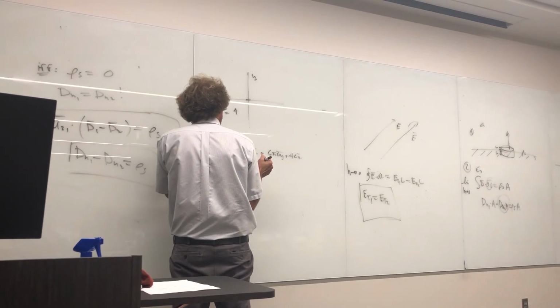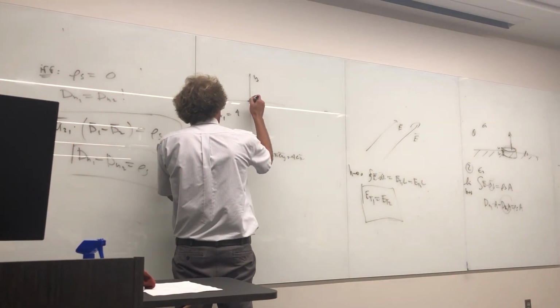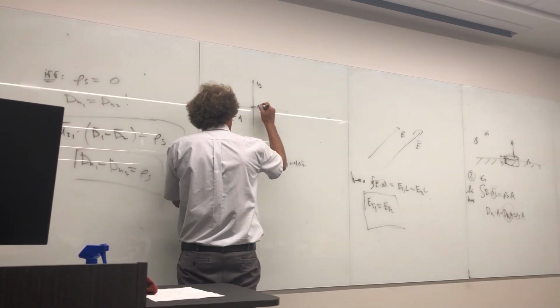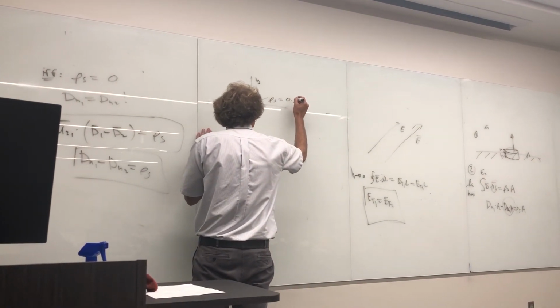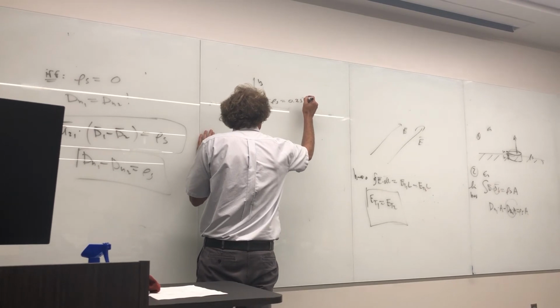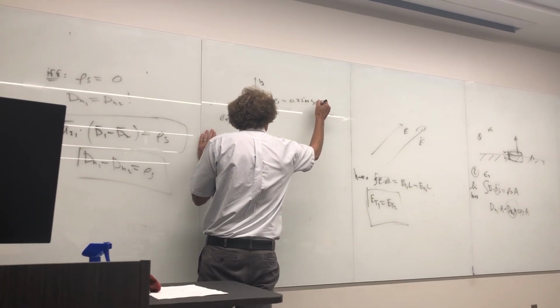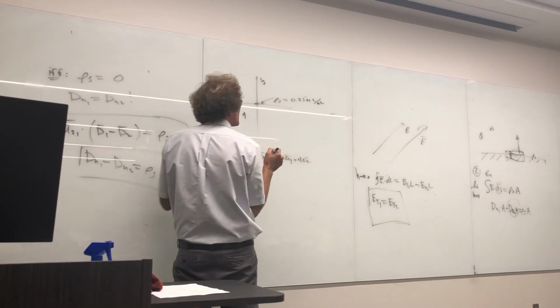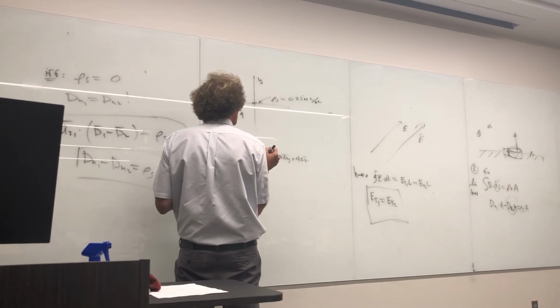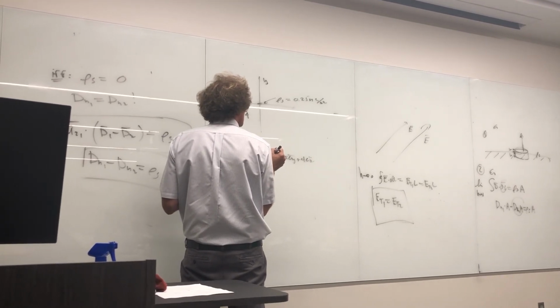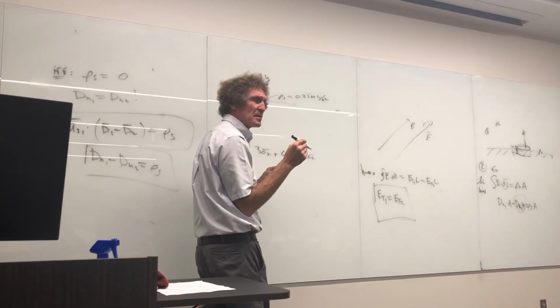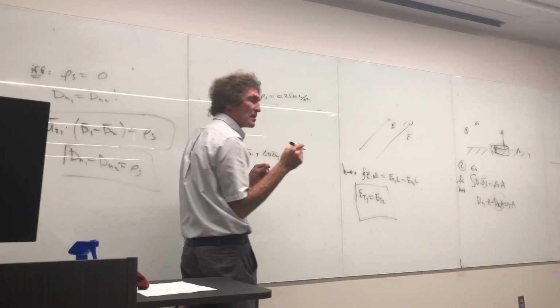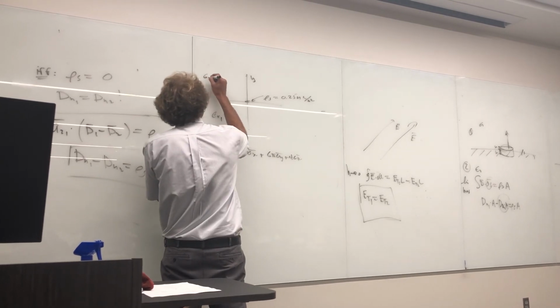And then it says at y equals 0, rho s equals 0.25 nanocoulombs per meter squared. All right. And it says if epsilon R2 equals 5 for y greater than 0, find E2.